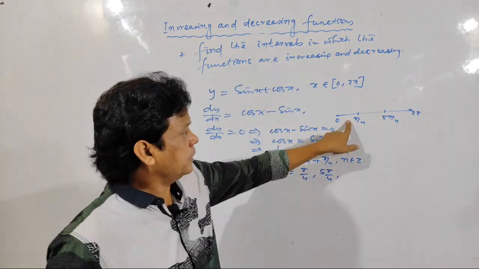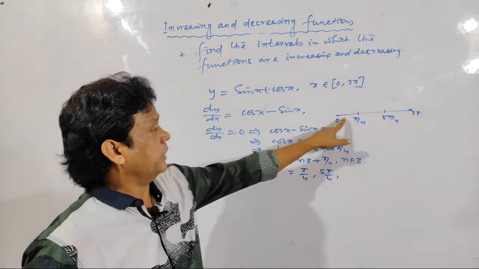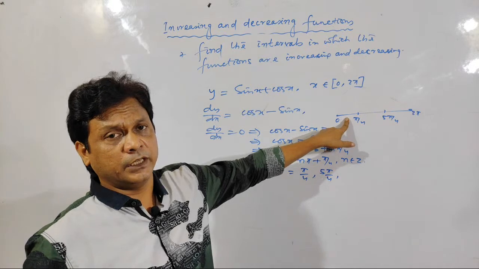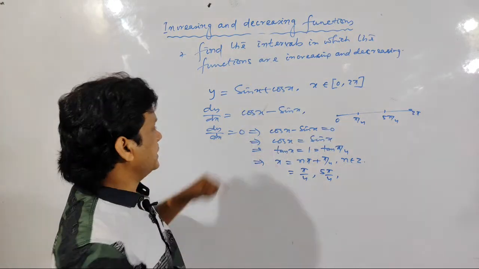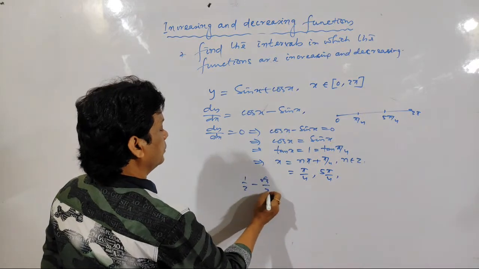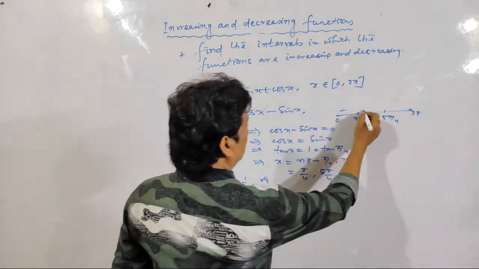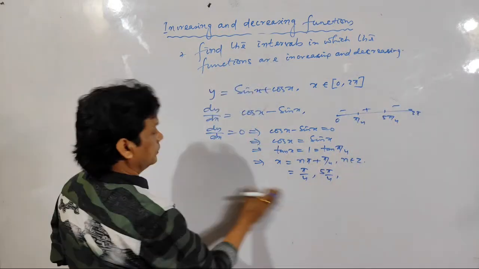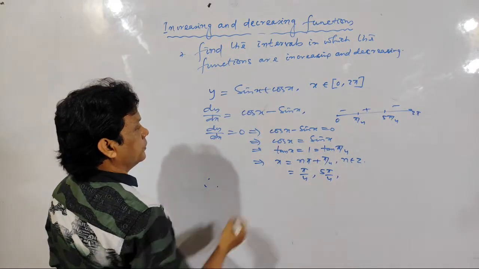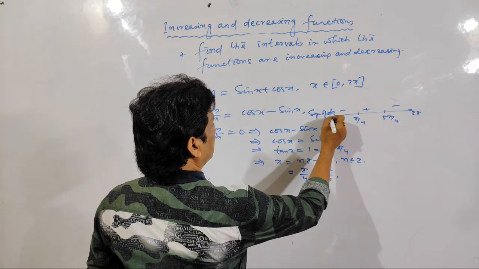So in this interval 0 to pi by 4, put any point here. That means I am taking 60 degrees. So cos 60 is 1 by 2 minus sin 60 is root 3 by 2. So I am taking the LCM 2. So 1 minus root 3, it is negative. Negative, positive, negative. Alternate signs. Therefore, you should write here the sign of dy by dx.